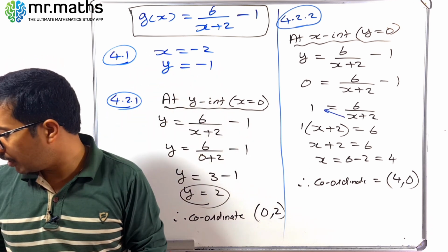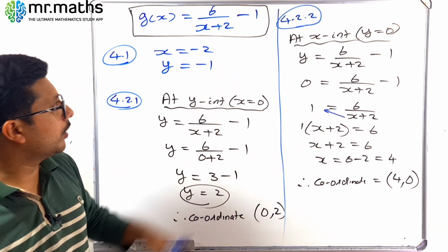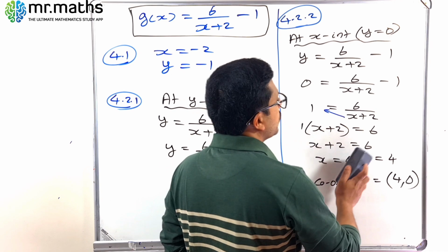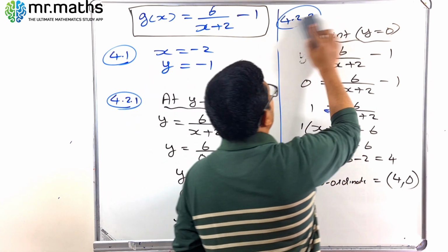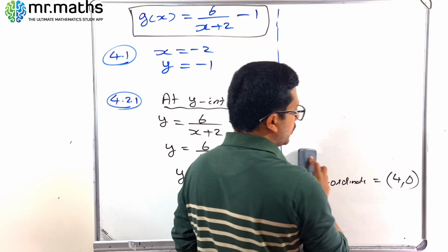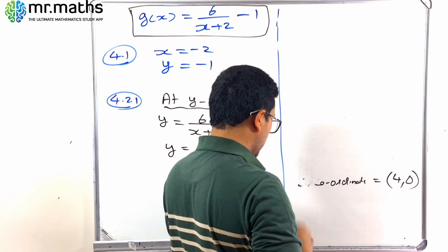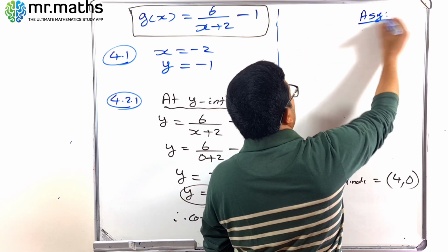So let me write all of that one together there. So what are the asymptotes? So those who didn't write this one, you have to pause the video and write. Okay. So let me write all of those that we got so far. Asymptotes. What are the asymptotes?